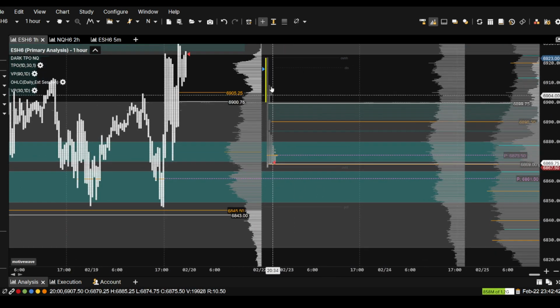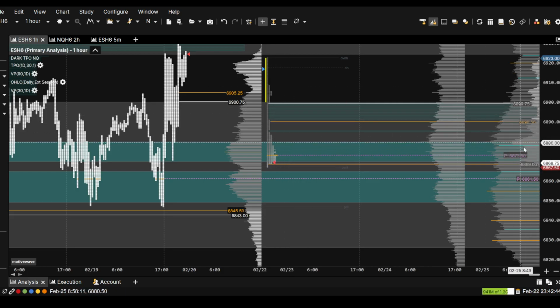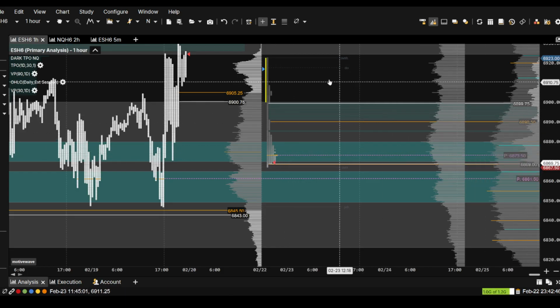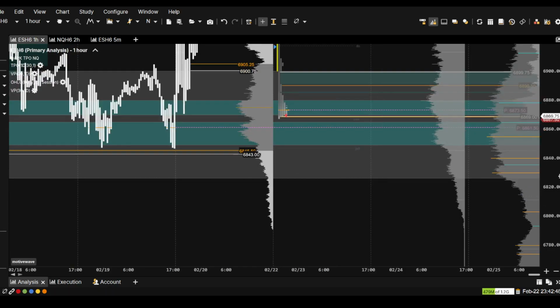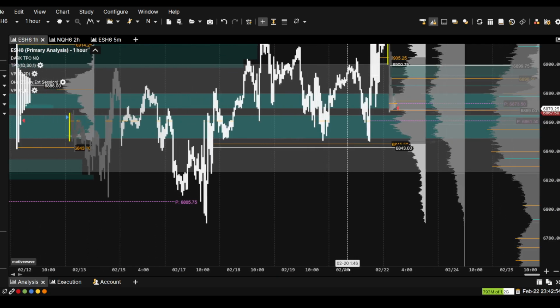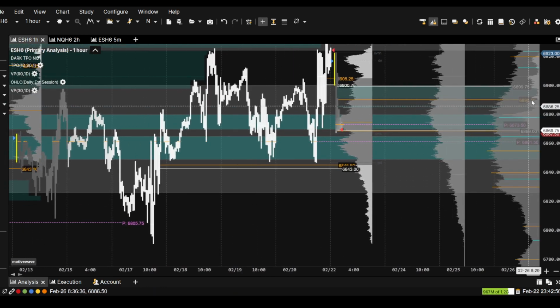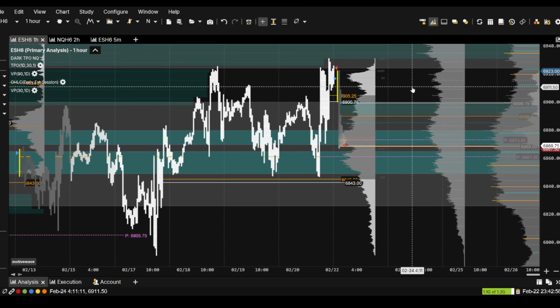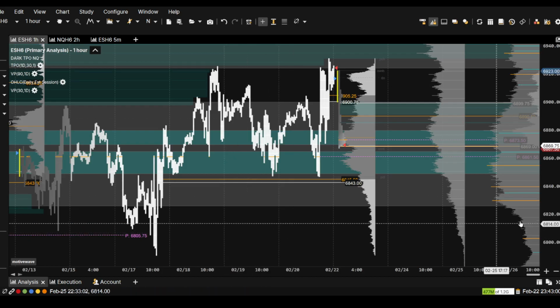Here we are accepting lower prices. So I want to see this like the drawn liquidity, the place where I want to see price go down.